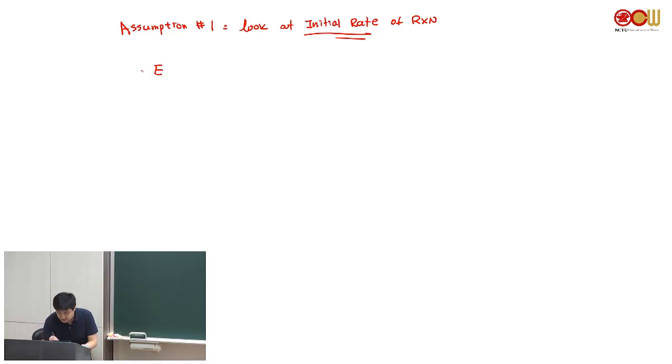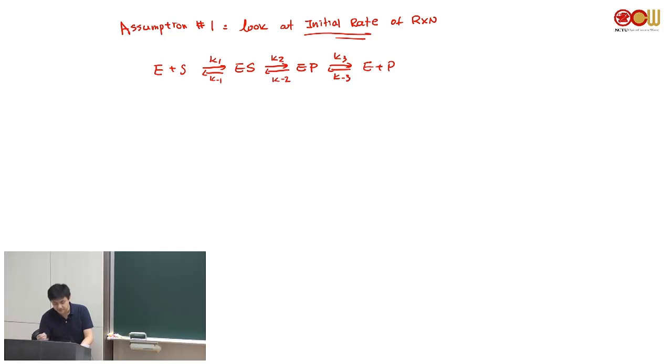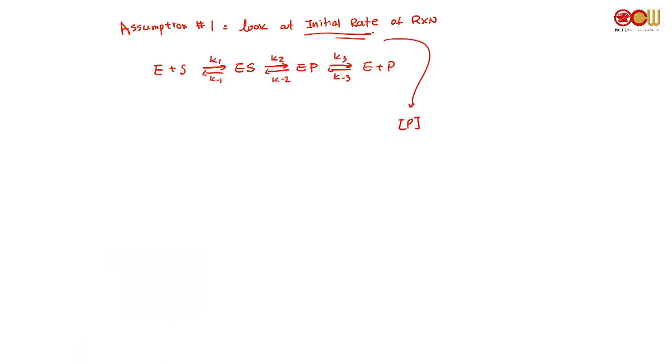So again, we have E + S gives you ES, gives you EP, gives you E + P, and remember this is k1, k-1, k2, k-2, k3, k-3. Now, if we're looking at the initial rate of this reaction, the product concentration is going to be very close to 0, because we're looking at the initial rate.